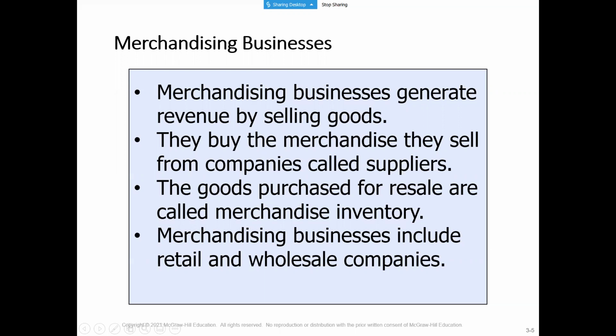You, as a merchandising business, can sell your product to another reseller. And the main difference there is sales tax. If you sell your product to another reseller, you do not charge them sales tax. Sales tax is charged on the very end buyer, the end user.